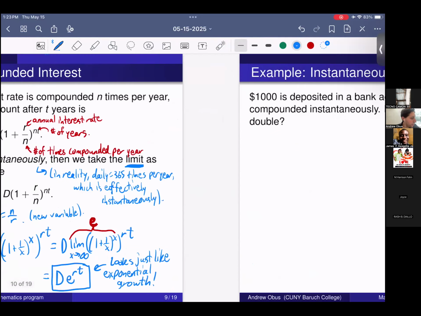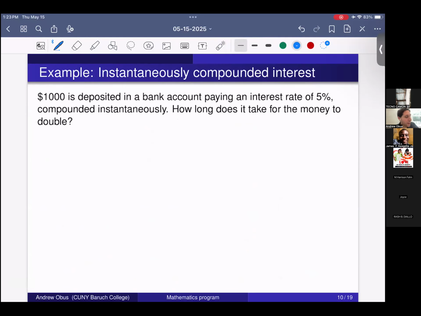So let's look at an example. Let's say that we have $1,000 deposited in a bank account paying an interest rate of 5% compounded instantaneously. The question is, how long does it take for the money to double? Okay, so we have our equation, remember. I'm just going to recopy it.